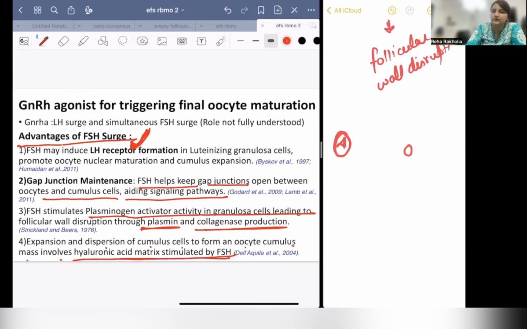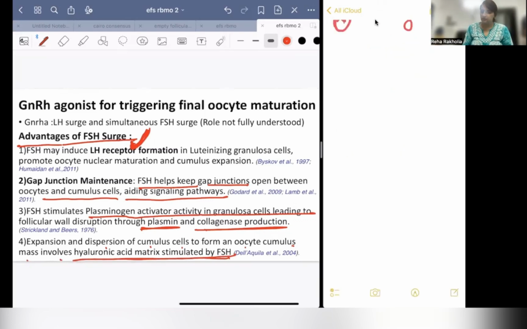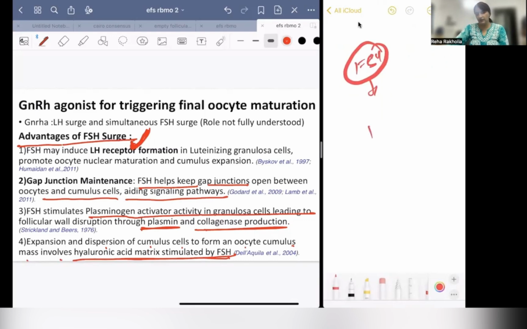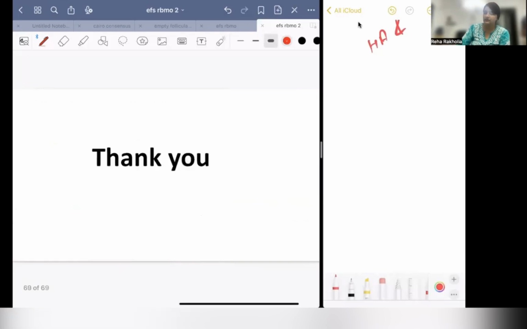FSH stimulates cumulus cells to produce hyaluronic acid and other extracellular matrix. So the expansion and dispersion of cumulus cells are primarily driven by the formation of a hyaluronic acid-rich extracellular matrix. So it is required for ovulation. Okay, thank you.